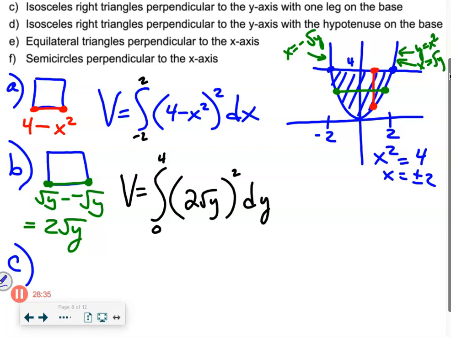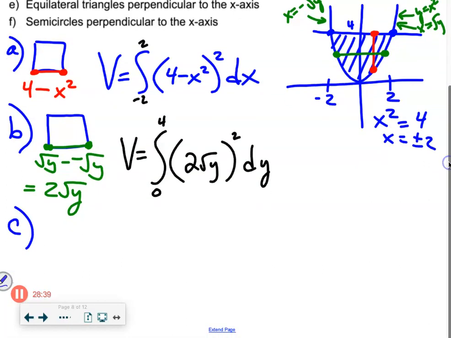All right. Perpendicular to the y-axis, so we're still doing right minus left, but now we have to draw an isosceles right triangle where a leg is lying on the base. So this leg of this triangle is now that green line segment.